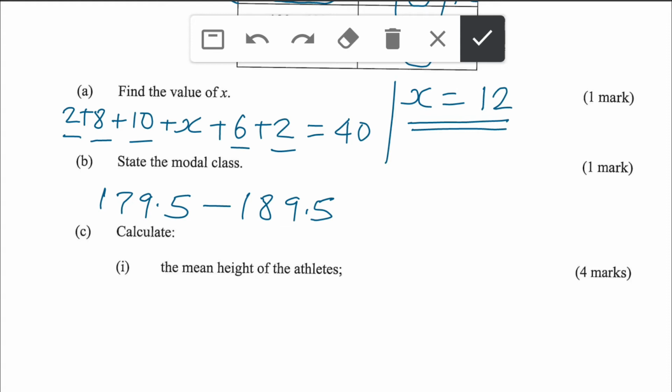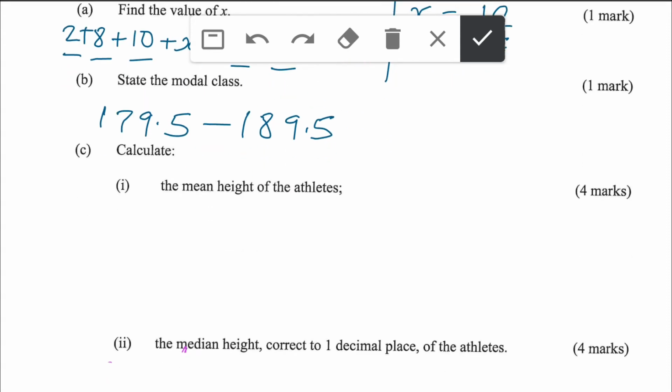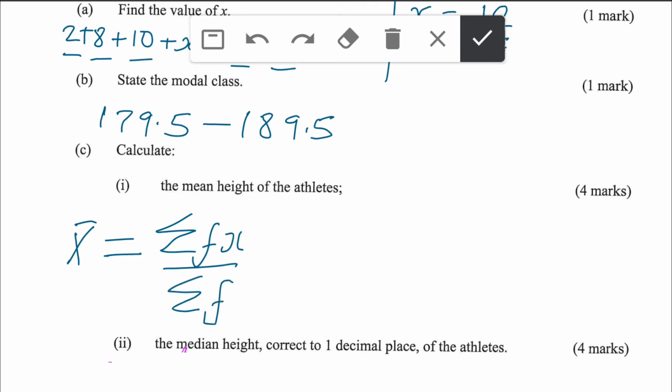Now for us to calculate the mean, we know that the mean for grouped data, like in this case our data is grouped, is usually given by summation of fx over summation of f. So this requires us to come up with a frequency distribution table, which shall help us get summation of fx, but we already have summation of f.